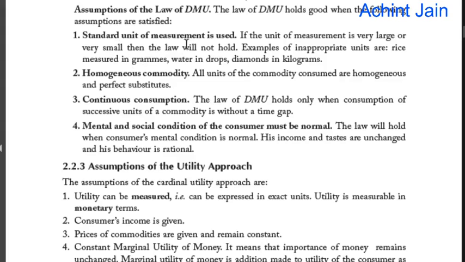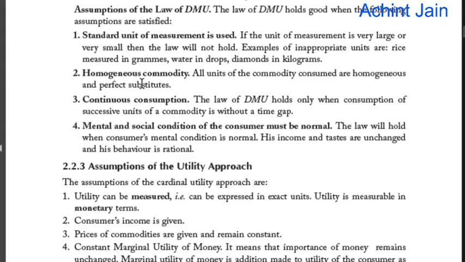A standard unit of measurement is used, meaning the unit of measurement is not very large or very small. Examples of inappropriate units are rice measured in grams, water in drops, diamond in kilograms. These are inappropriate units.